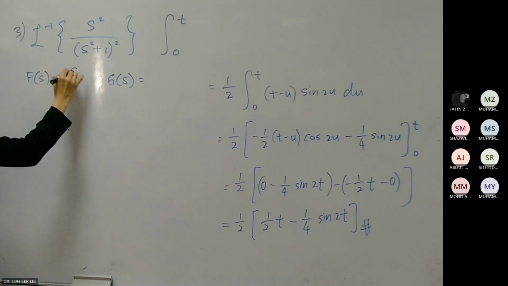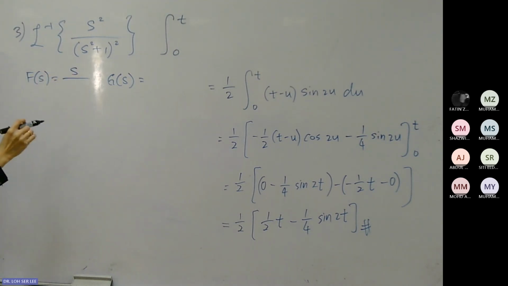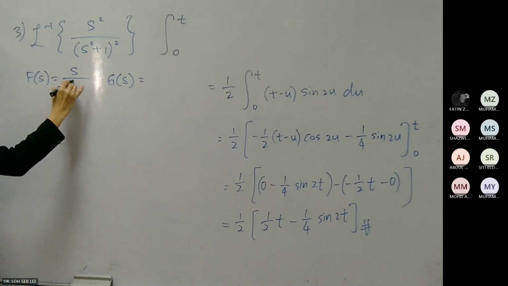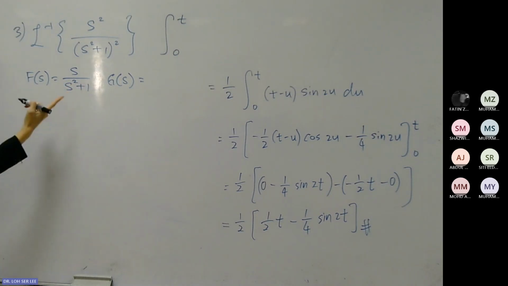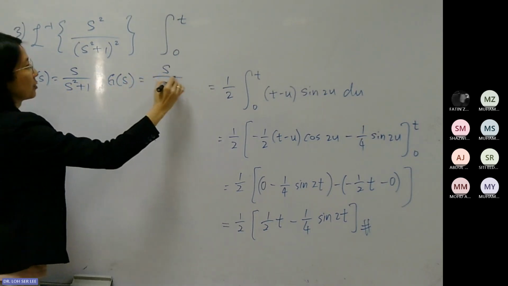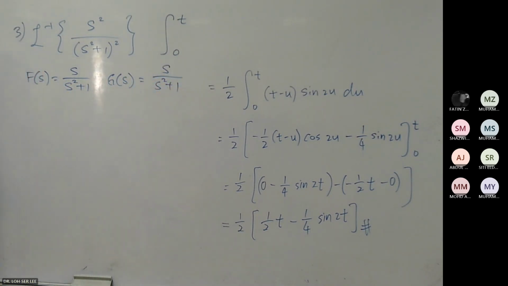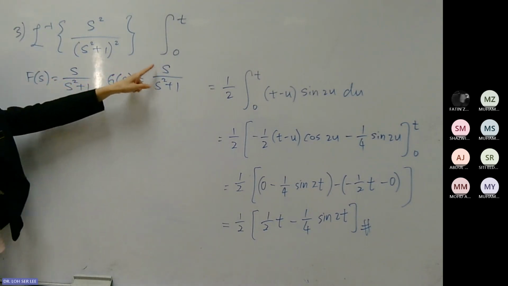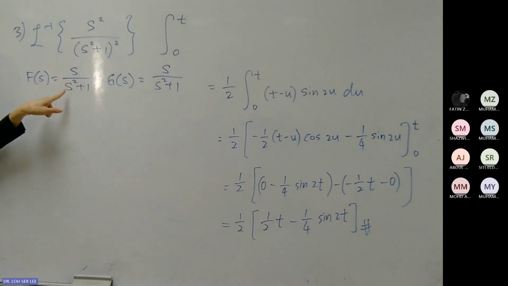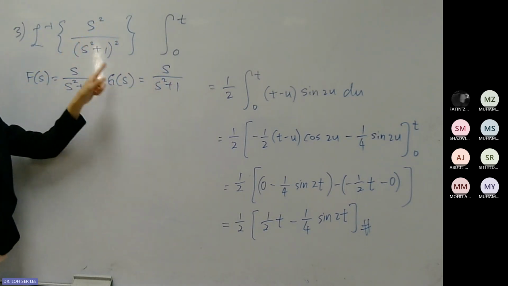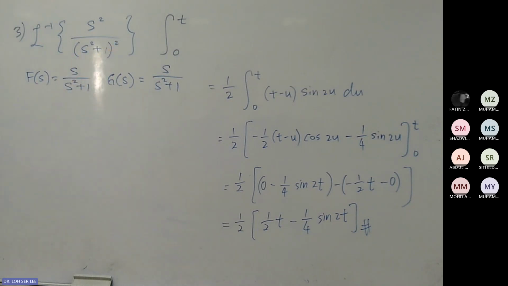This one multiplied to this one, right? S times S, you get S squared. This one multiplied to this, you get this squared.